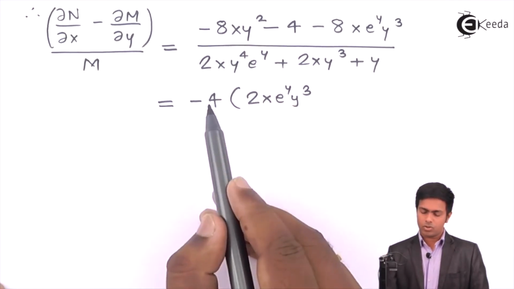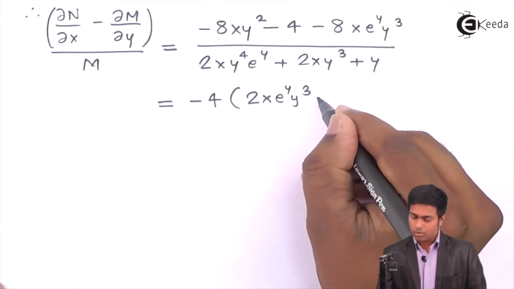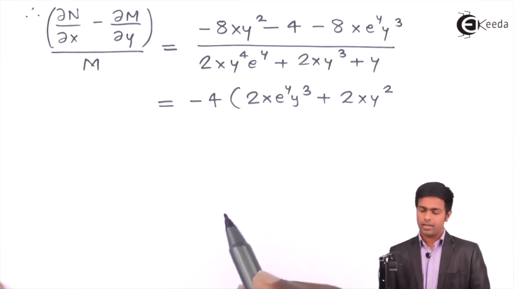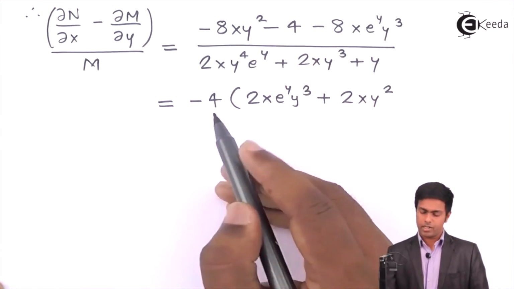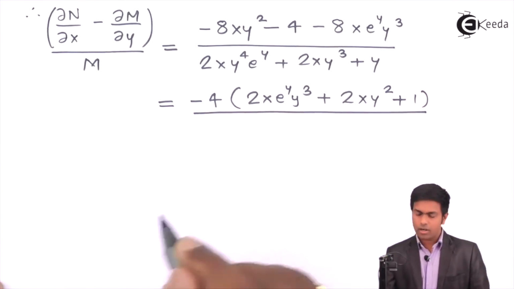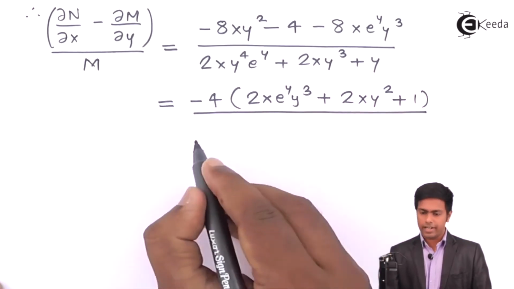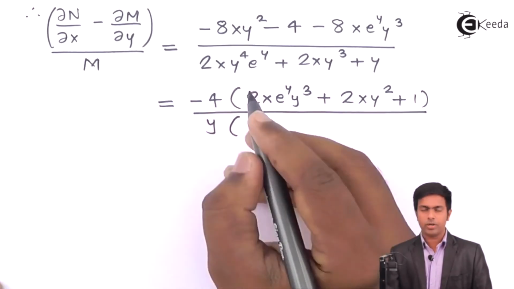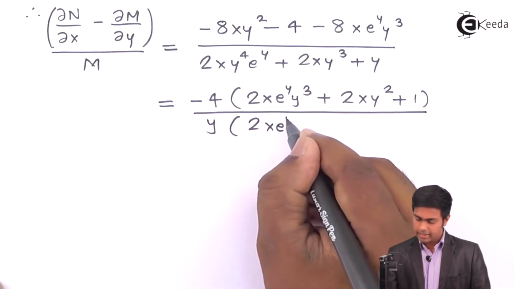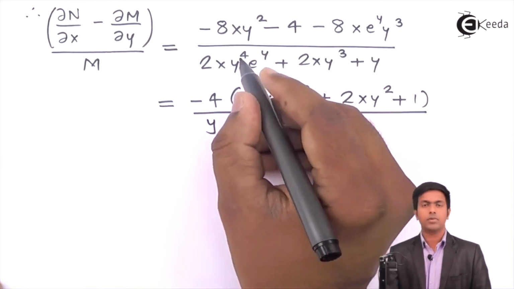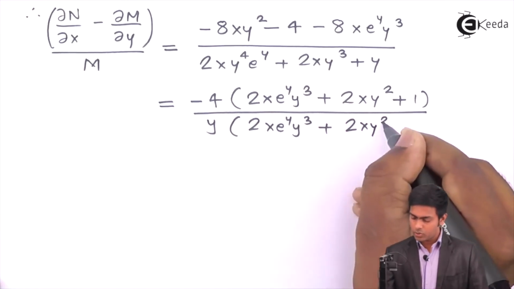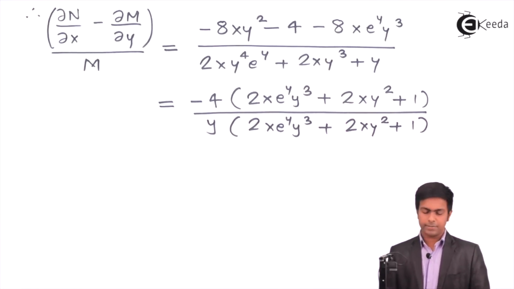From this also I have taken minus 4 outside, so plus 2xy² will remain in the bracket, and here I get positive 1 upon, from the denominator I will take y common, so in the bracket we will get 2x e^y³, because I have taken 1y outside, plus 2xy² plus 1.